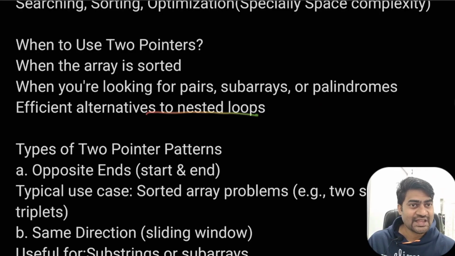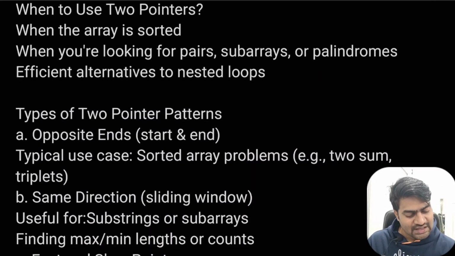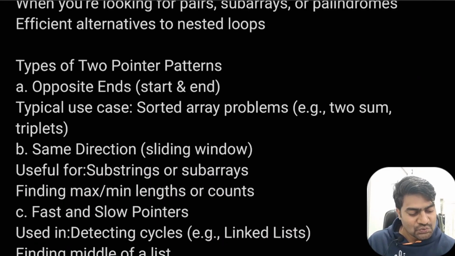Basically, if we use nested loops, then our time complexity will be of order n square or n cube, something like that. So whenever we have such nested loops, we prefer to use this two-pointer technique as an efficient alternative for that.